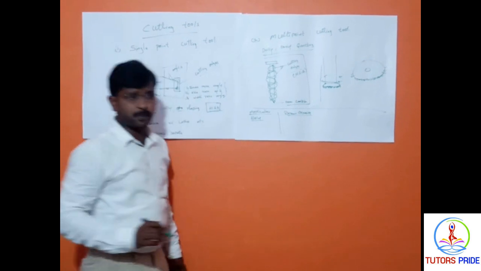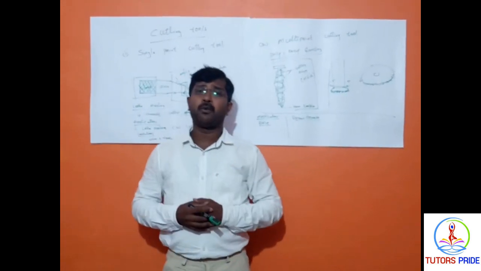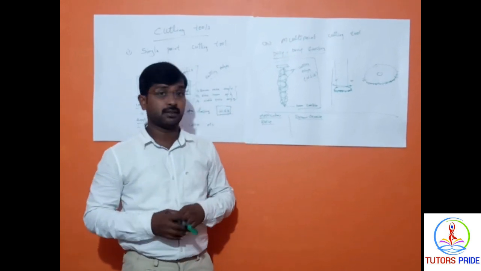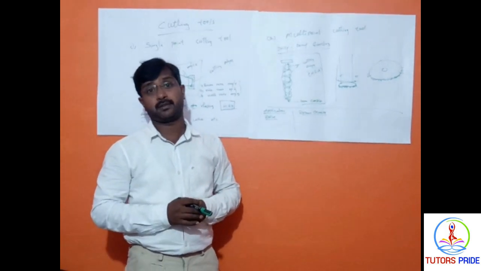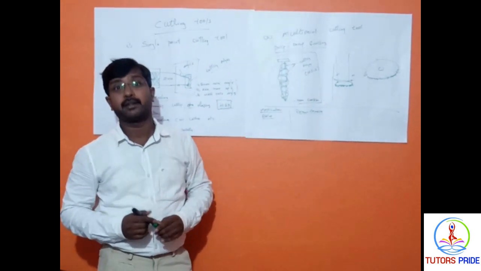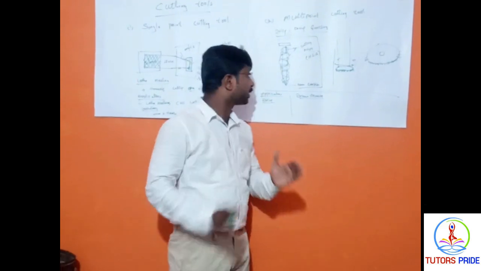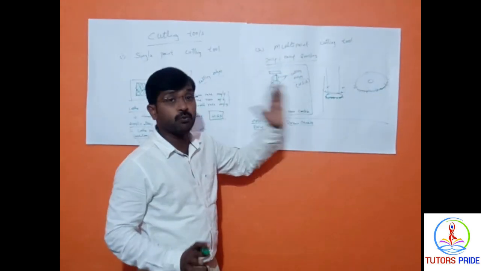Next, drawbacks. What are the drawbacks? See, for example, you are working more than 6 to 10 working hours on any object. The tool may break. Why? Because the tool is subject to movement.